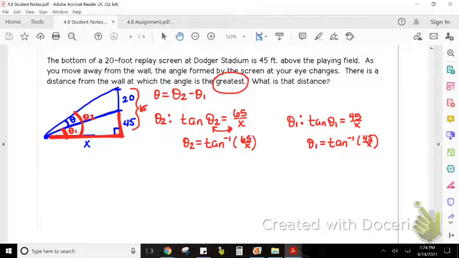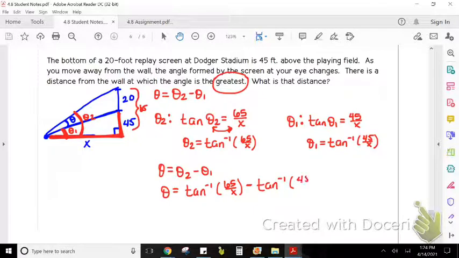So, let's look at what we've got here. We said that our theta was equal to theta 2 minus theta 1, right? So we know theta is equal to the inverse tangent of 65 over x, minus theta 1, which we said was the inverse tangent of 45 over x.